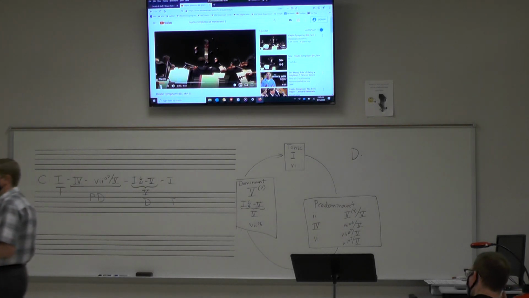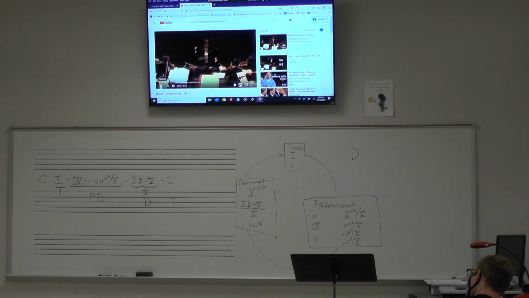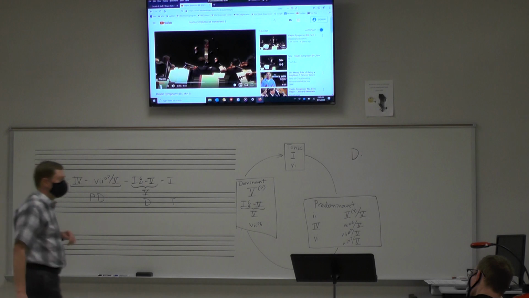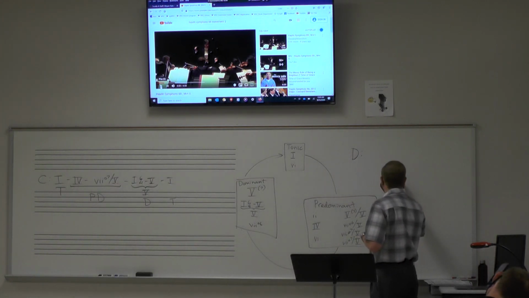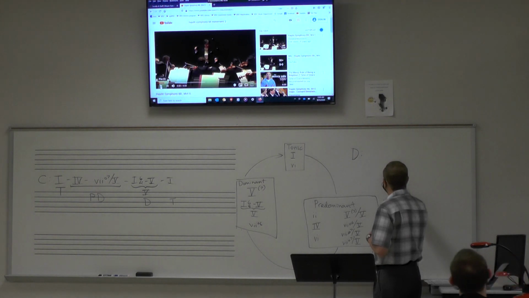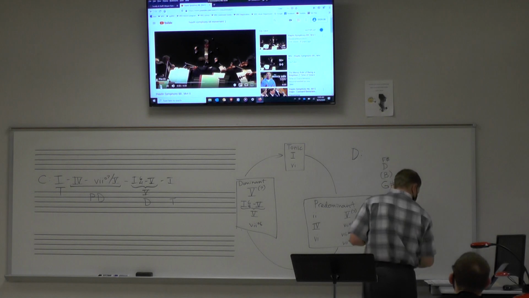We couldn't do that before, but now we have the tools to be able to give that chord a name and to be able to analyze it. So these are the pitches: G sharp on the bottom, B is missing, D, and F sharp.